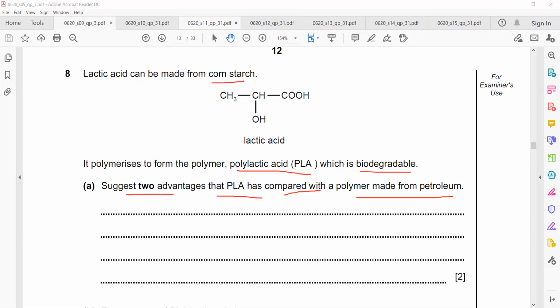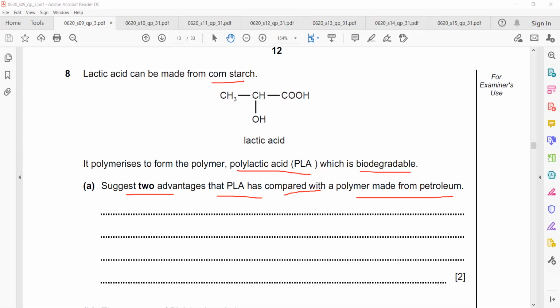here we have to just mention the advantages of making polylactic acid compared to that which is made from petroleum. So it will reduce the visual pollution or need for landfill sites, or it is less dangerous to wildlife. Why? Because it does not remain in the environment for a longer period of time.